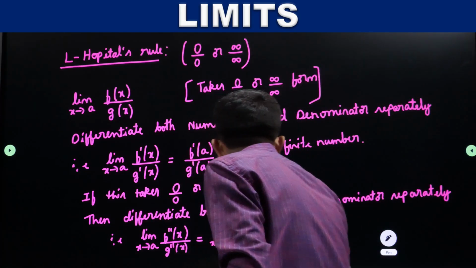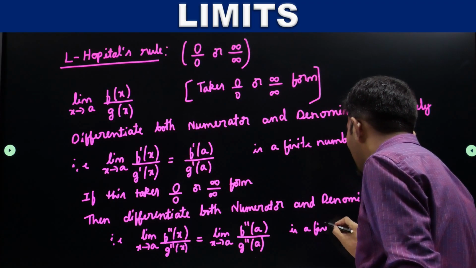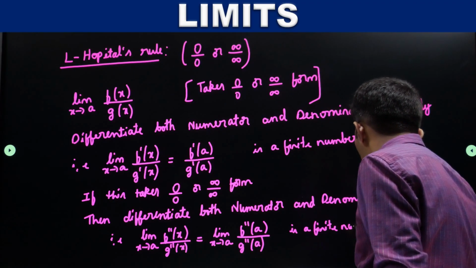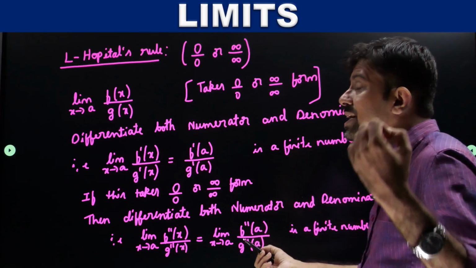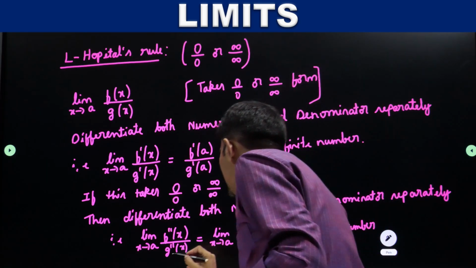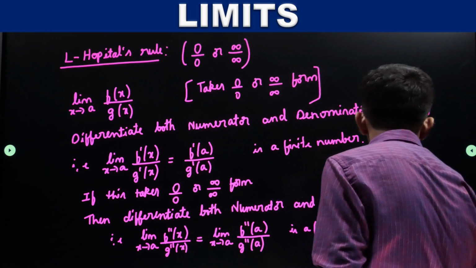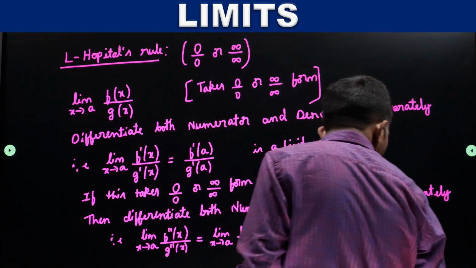If this is a finite number, fine. Even if this is not a finite number, then continue this process by differentiating numerator and denominator separately until you get a finite number or the indeterminate form is removed. You can write the sentence; I can write it on the next page.